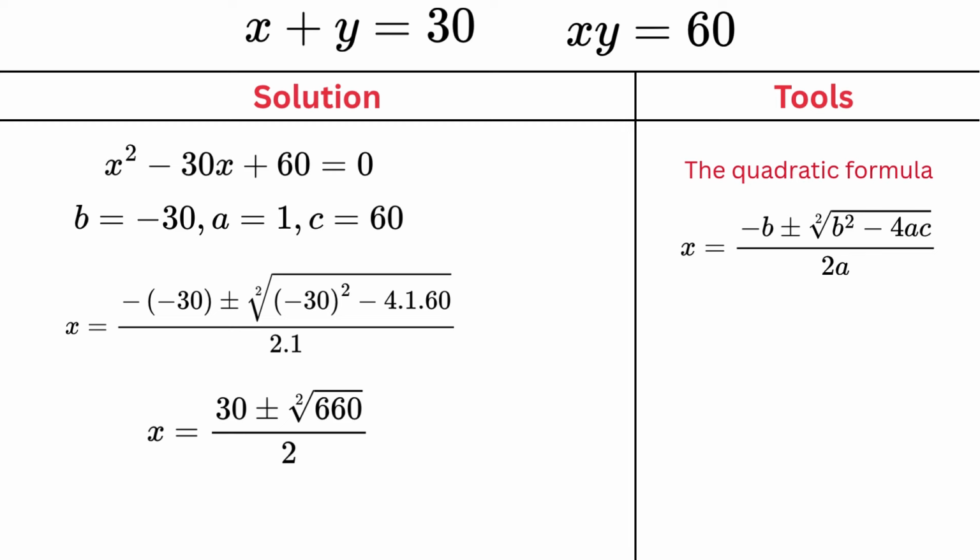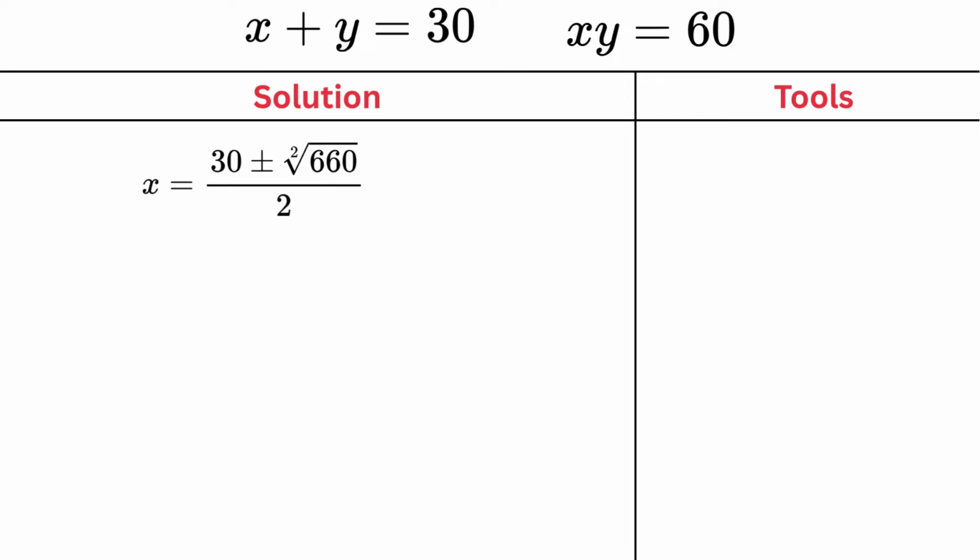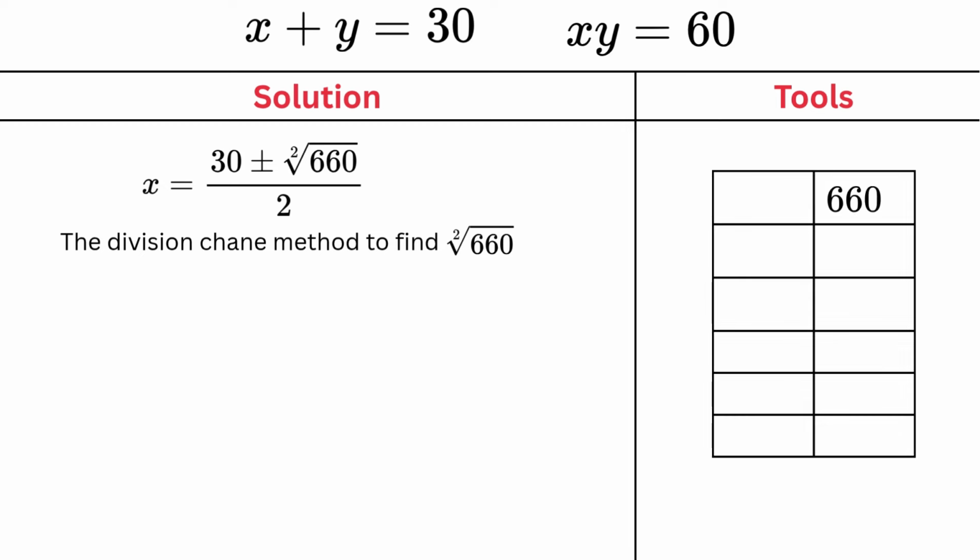Now in the next step, we simplify square root of 660 using the division chain method. So 660 is divisible by 2 to get 330, again divisible by 2 to get 165, then divisible by 3 to get 55, then divisible by 5 to get 11, and divisible by 11 to get 1.